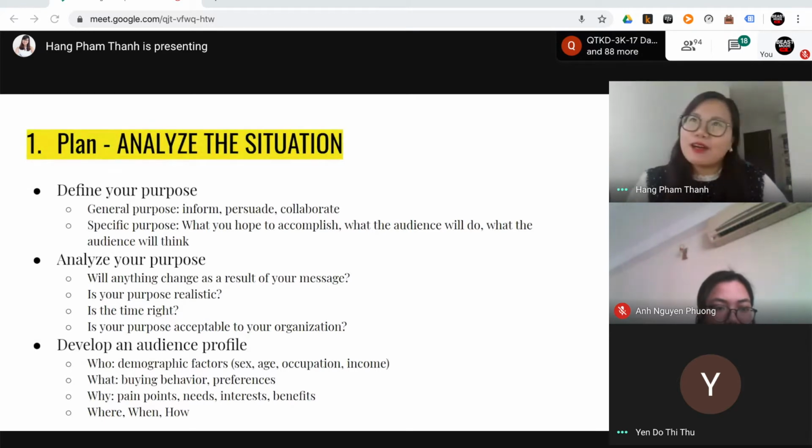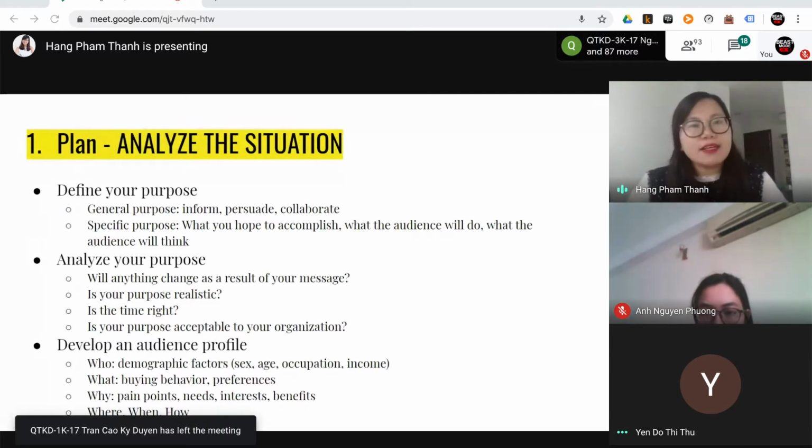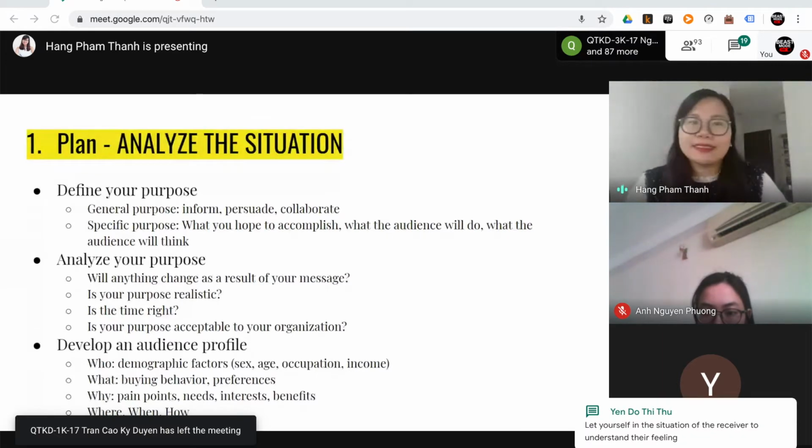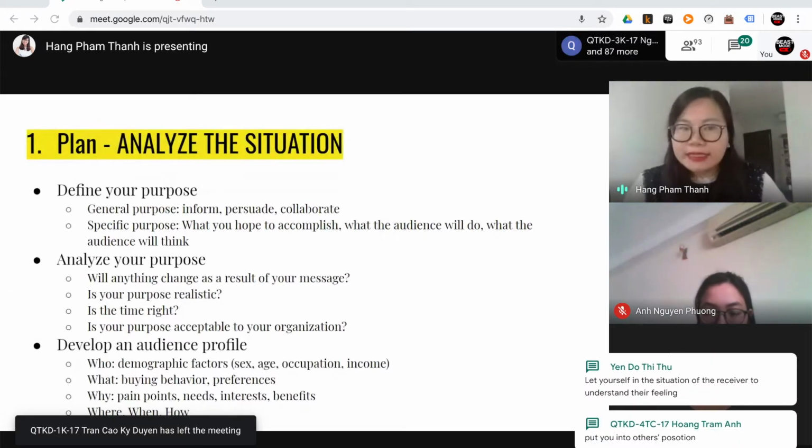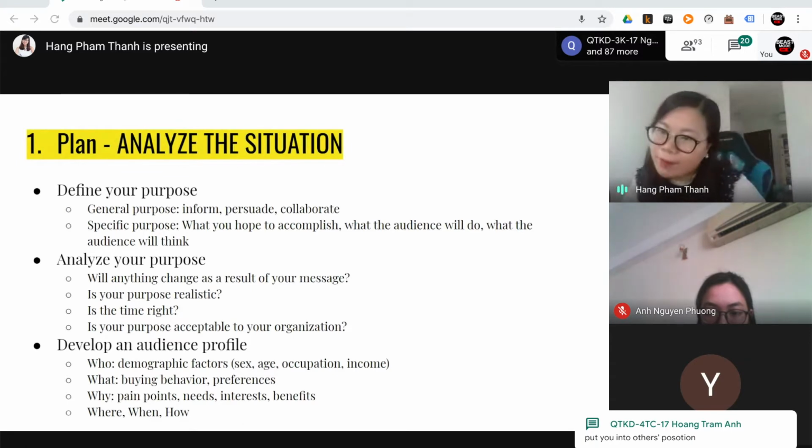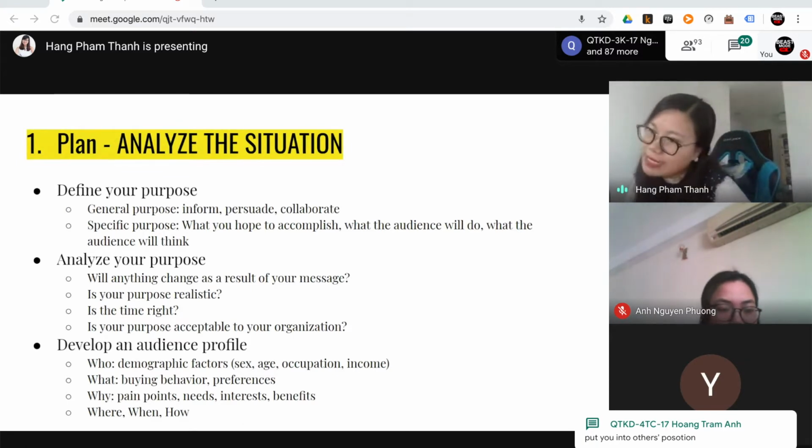Because when you understand the you viewpoint, then you will know why we should do all these steps in the planning stage, and also how we should do them. Analyzing the situation should consist of defining your purpose, analyzing your purpose, and developing an audience profile. We have some comments here already.